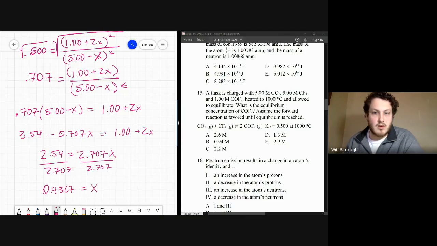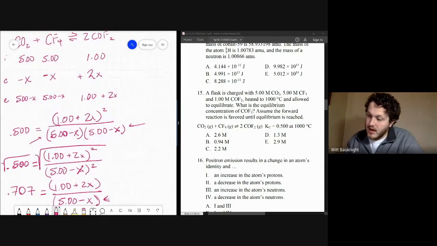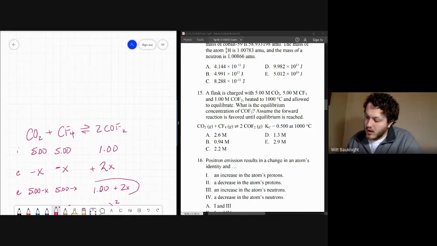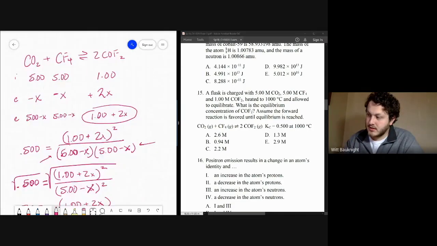Now, we're asked to find the equilibrium concentration of COF2. That's not the same thing as x. What is the equilibrium expression for COF2? It's 1 plus 2x.